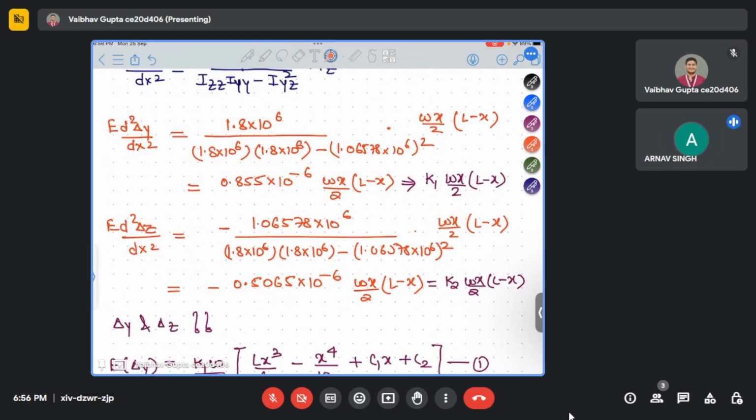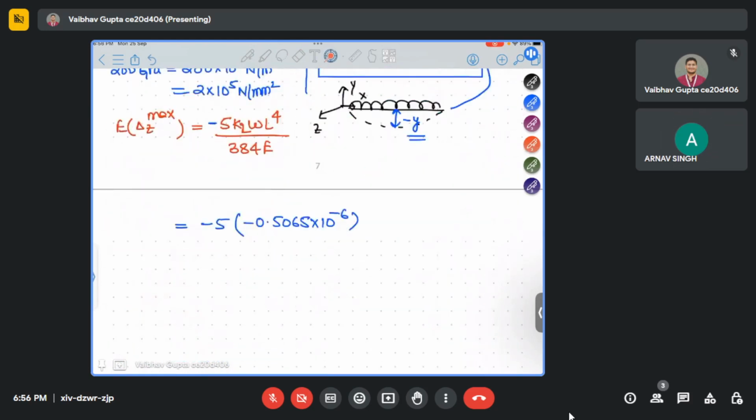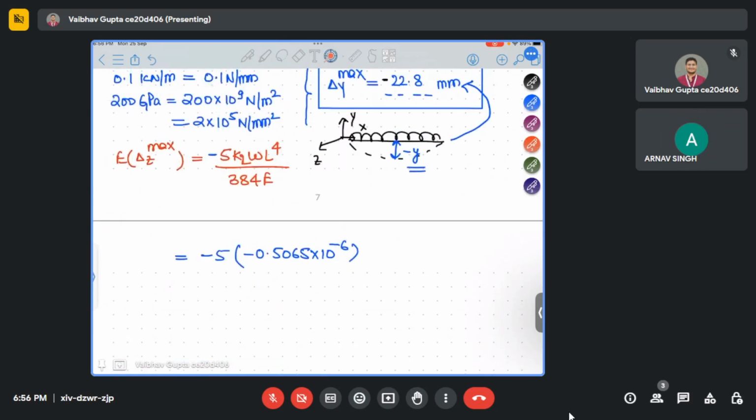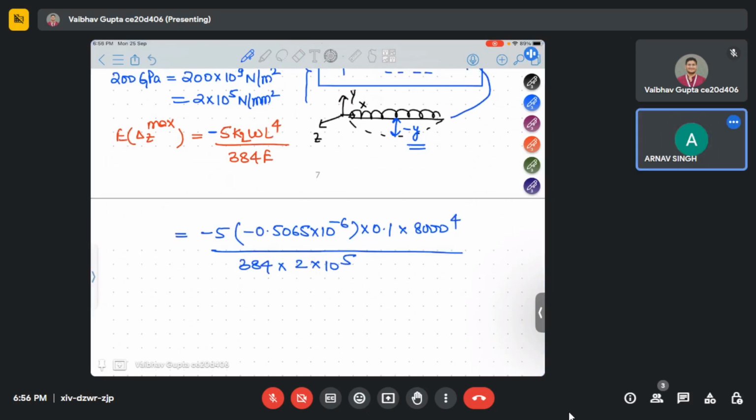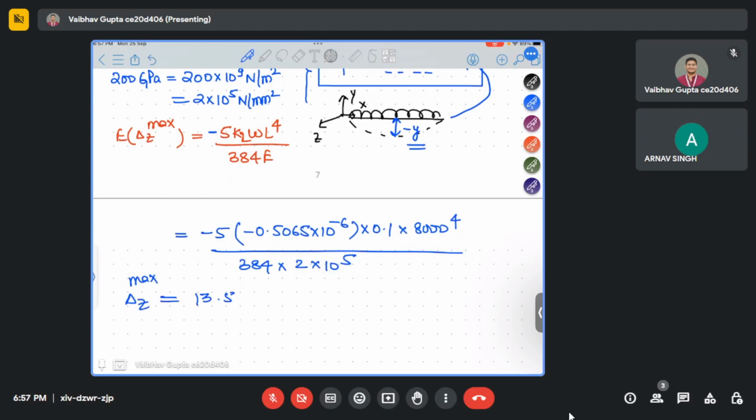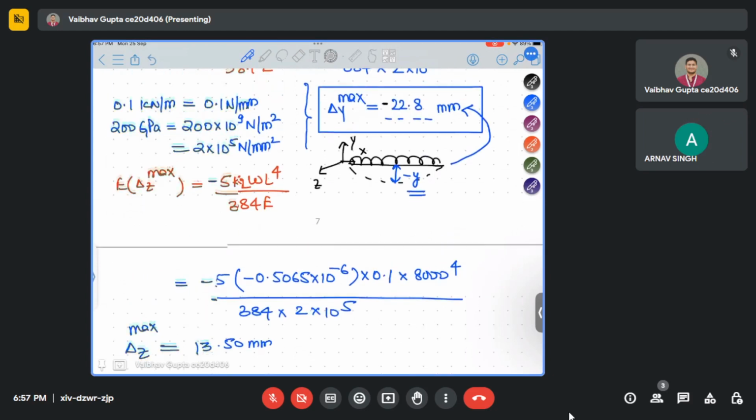So minus minus will become plus, into the same 0.1 into 8000 to the power 4 upon 384 into 2 into 10 to the power 5. So now you will get delta z in the z direction. You will get 13.50 mm.